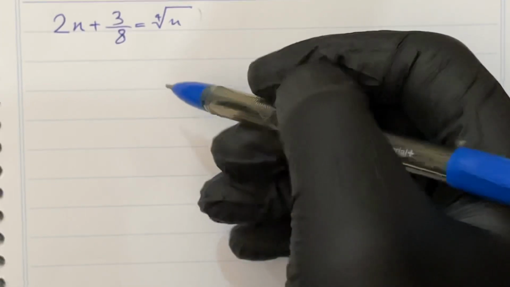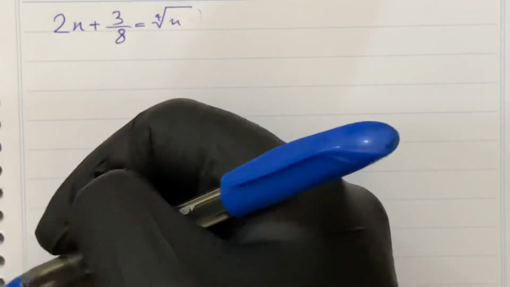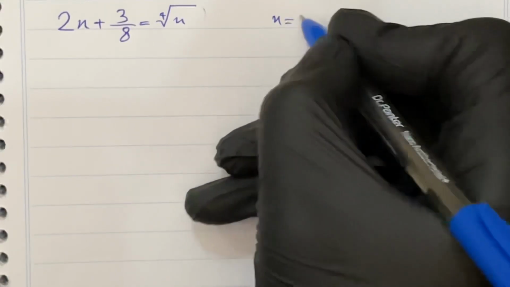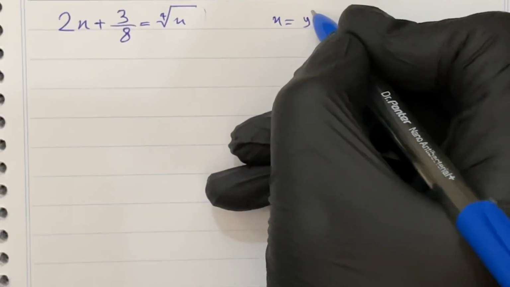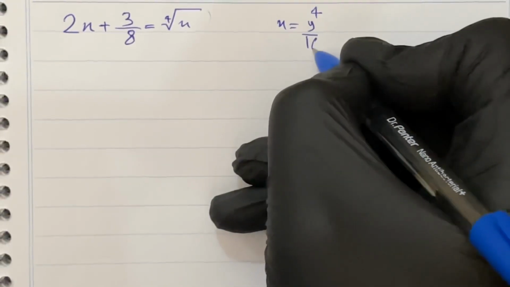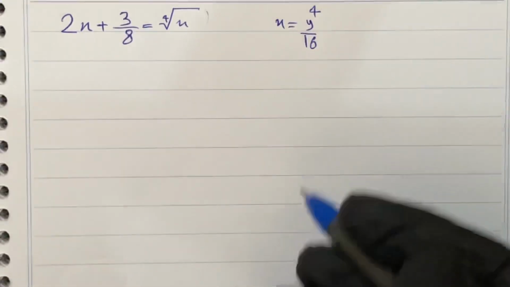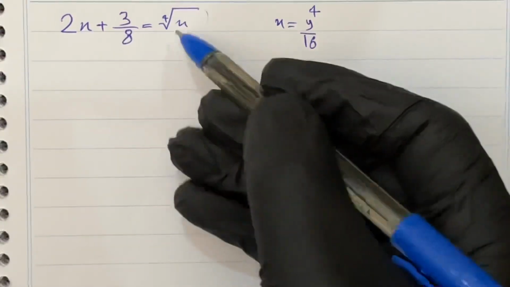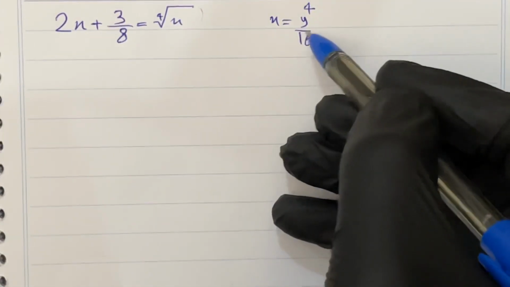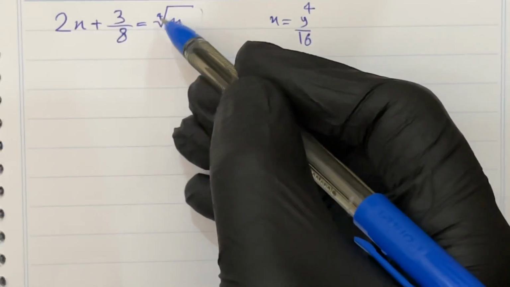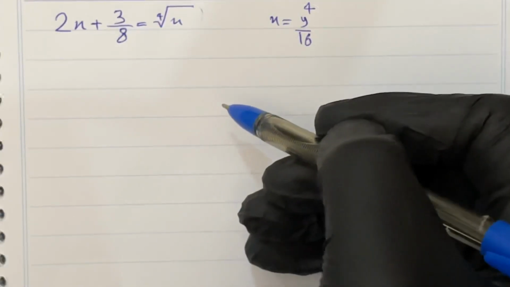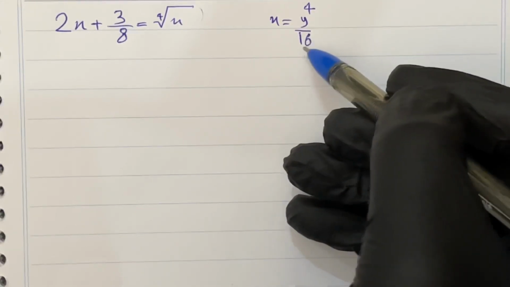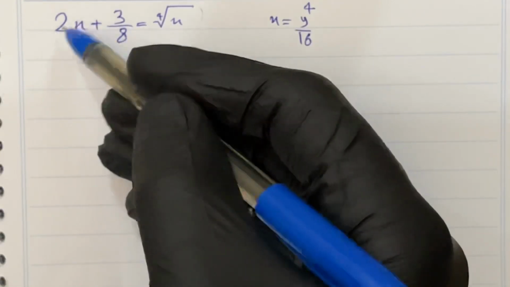So the best substitution, if you take a minute to think about it, is x equals y^4 over 16. Why did I put 16 as a denominator? Because the denominator should also be simplified by the radical, and because it should be simplified with this 2 here.